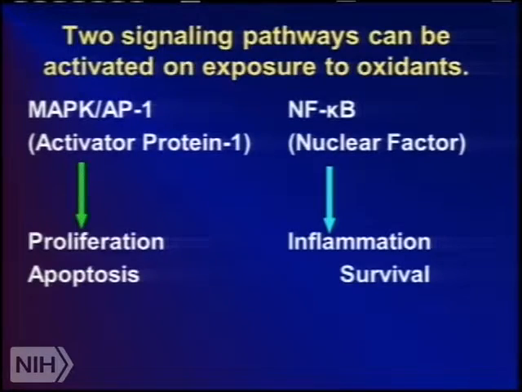So we've looked then at the nitric oxide. We're going to look now at the oxidants. And we have 2 pathways again. Low doses of reactive oxygen species will cause proliferation, and in particular, the P44/42 MAP kinase gets activated, leading to activation of AP1 sites, and that causes production of various growth factors that cause proliferation.